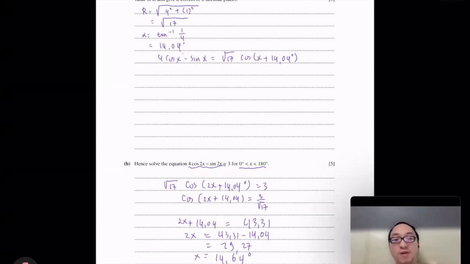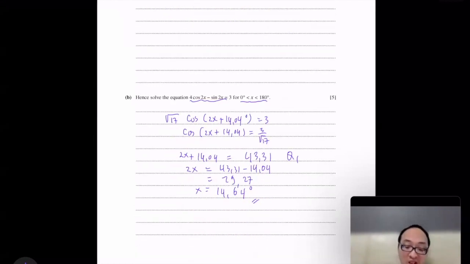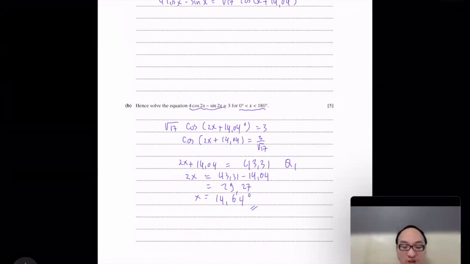Now, as we remember, cos positive is in the first quadrant and fourth quadrant. Our answer here is in the first quadrant. So what is the fourth quadrant, the second answer? The fourth quadrant is when 2x plus 14.04 equals 360 minus 43.31.